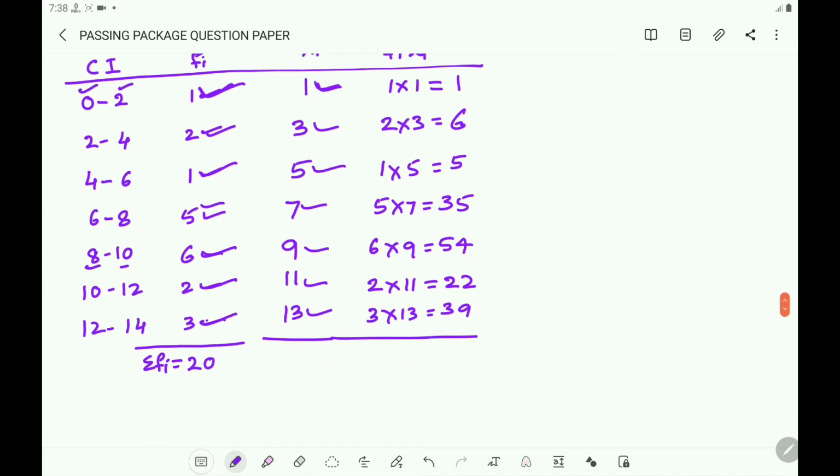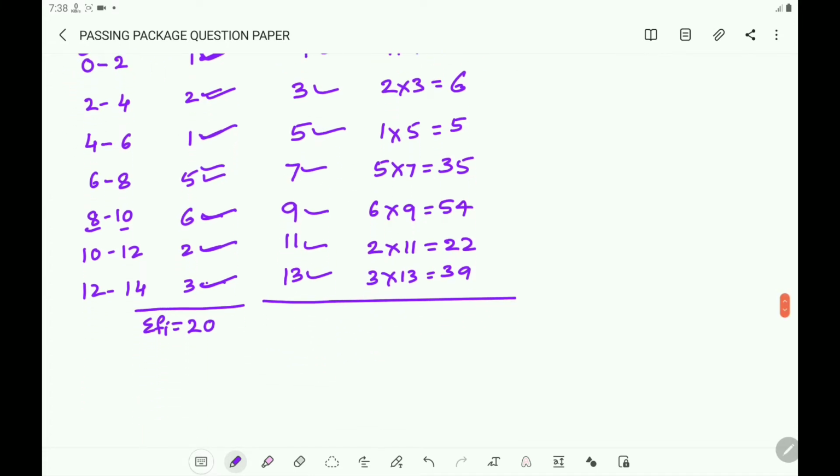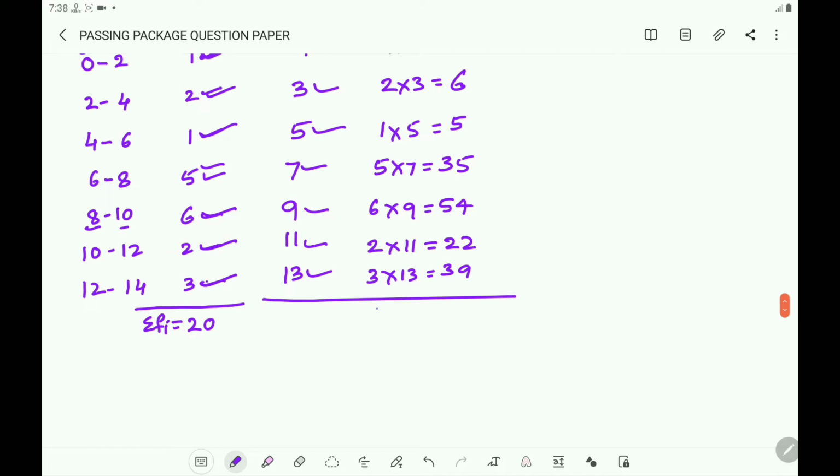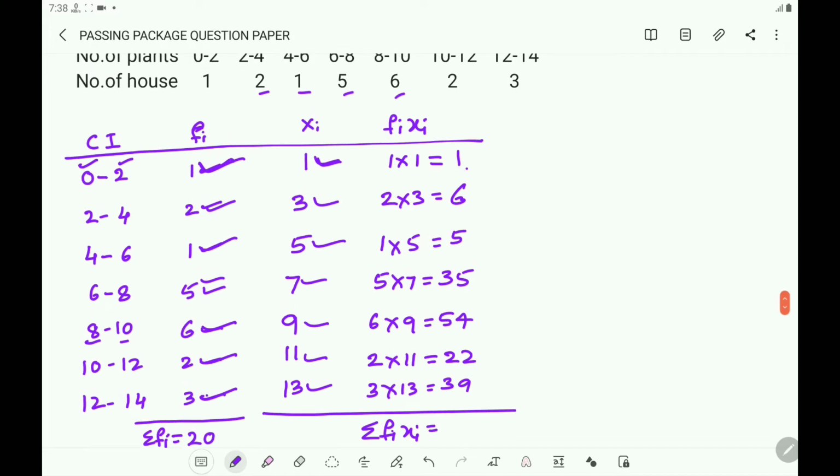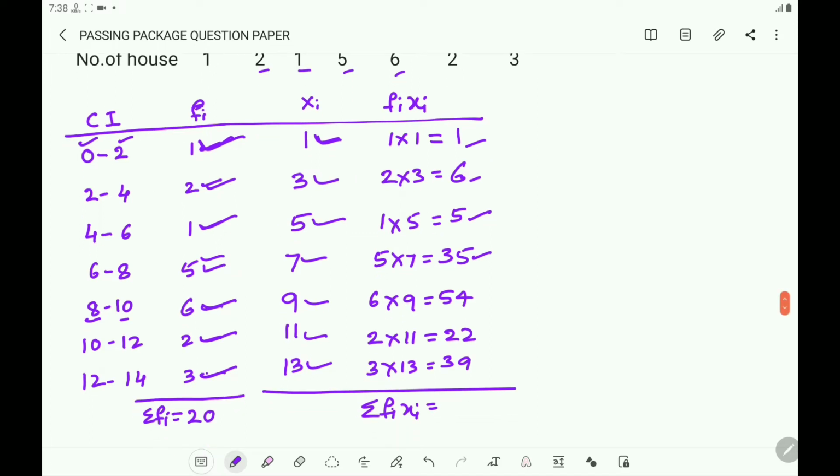Now find the sum of this Fi Xi, that is nothing but summation of Fi Xi. So what is the sum here? 1 plus 6 is 7, 7 plus 5 is 12, 12 plus 5 is 17, 17 plus 4 is 21, 21 plus 2 is 23, 23 plus 9 is 32.